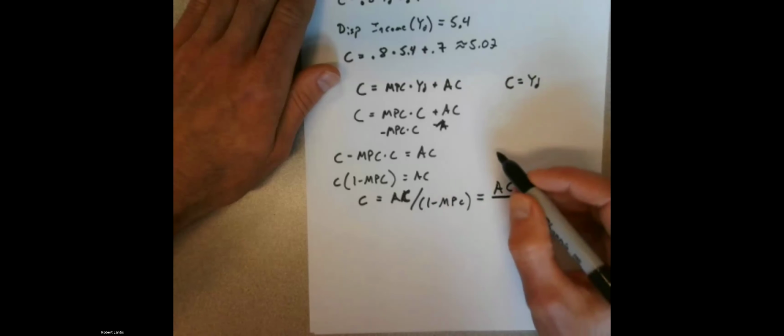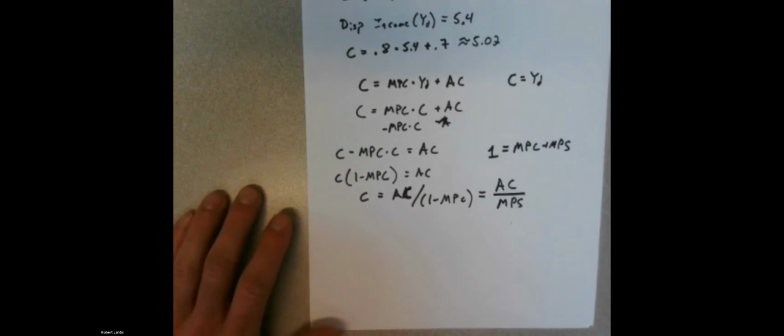Now, what's another way I could rewrite this? What is 1 minus my marginal propensity to consume? We said the marginal propensity to consume and the marginal propensity to save always add up to 1, so this is another way of thinking about it.